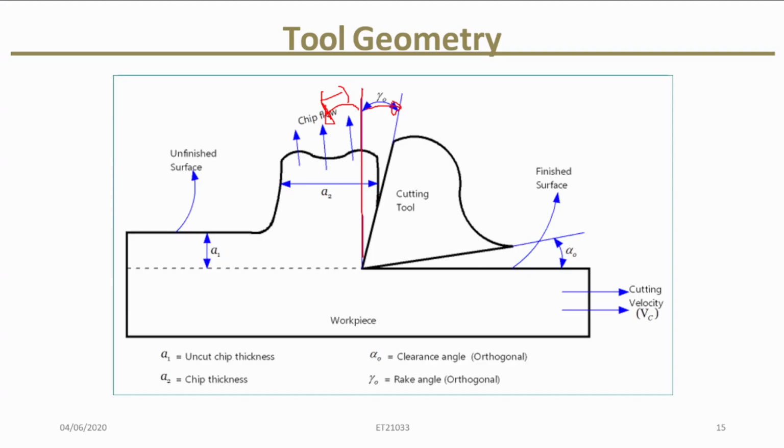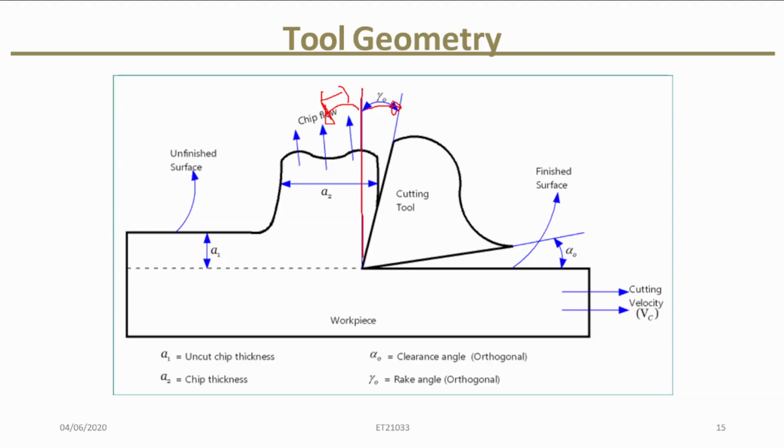But it thins the edge, so it's weaker and can chip if the cut is rough or interrupted. Then the negative rake strengthens the edge and tolerates shocks, but increases force and heat. Choose based on material and rigidity. So if there is a negative rake angle, the cutting tool life can be minimized.